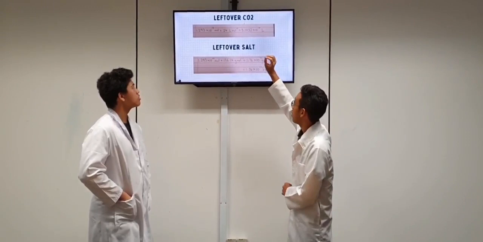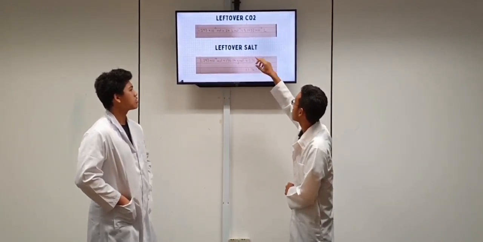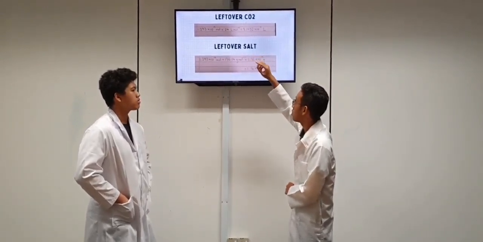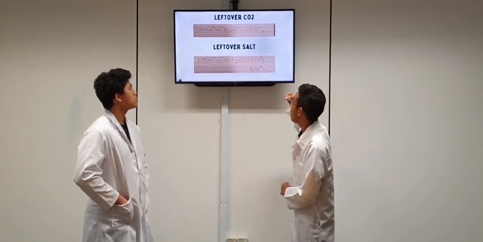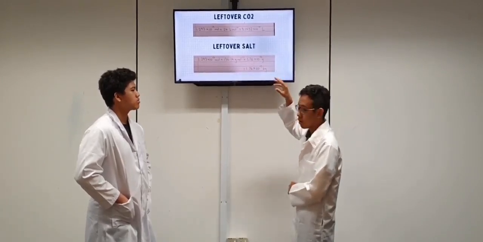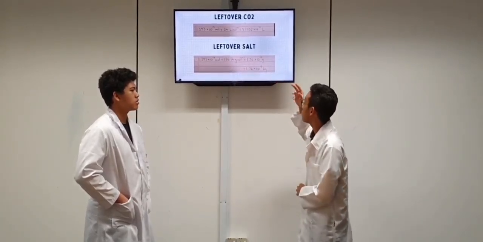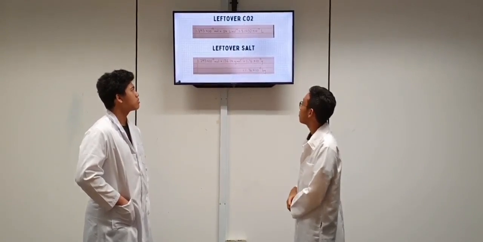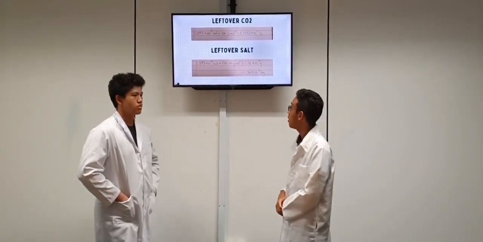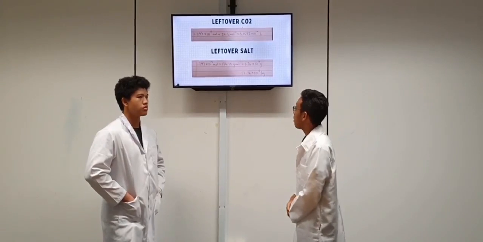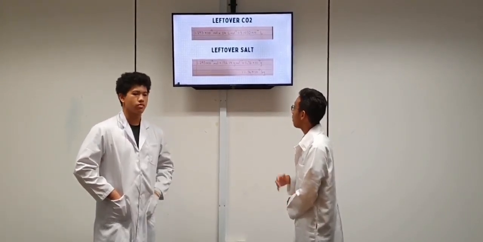So here is the calculation of how we find the values. First of all, the moles of CO2 produced is 1.293 times 10 to the power of 30 mole. We need to multiply it with 24 liter per mole, which gives 3.1032 times 10 to the power of 40 liter. And next, we need to calculate the leftover salt.